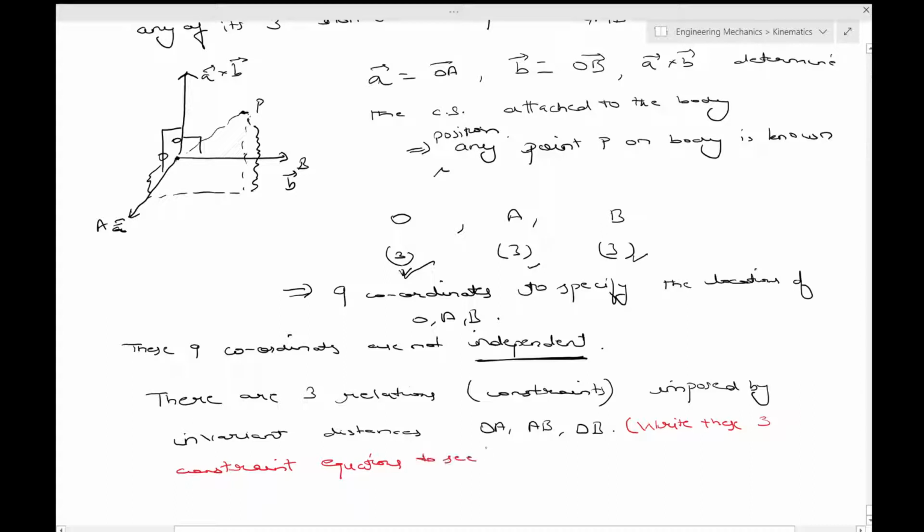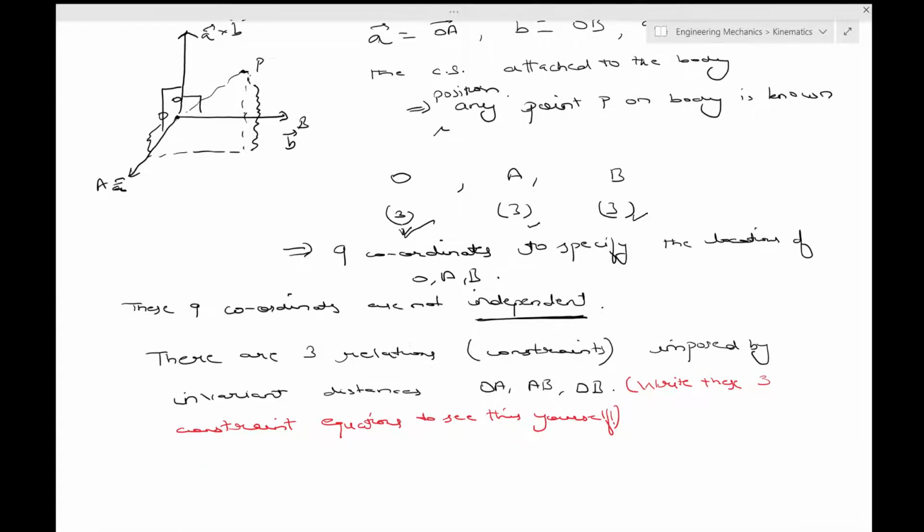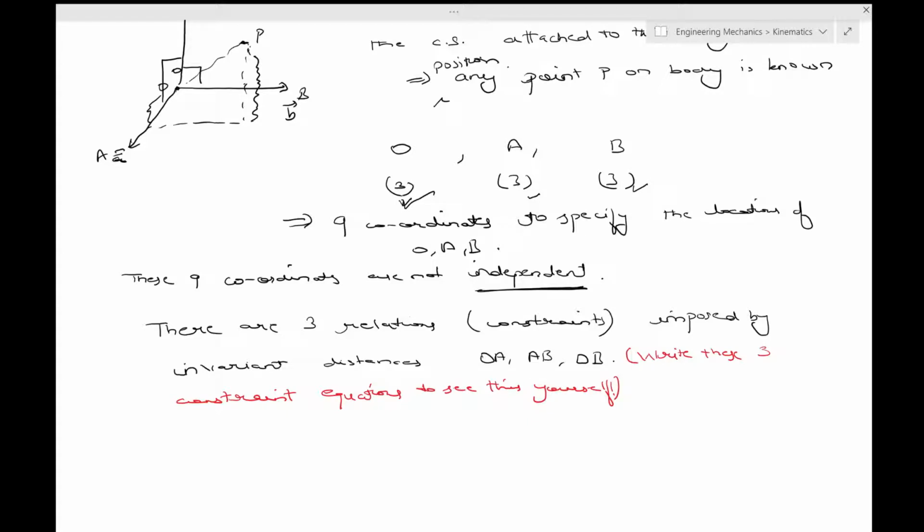To see this yourself, what you will see is that the x, y and z coordinates of O, A and B are not independent of each other. This implies that only 6, and by invariant distances we mean these distances will not change in any frame. That's the meaning of invariant distances.